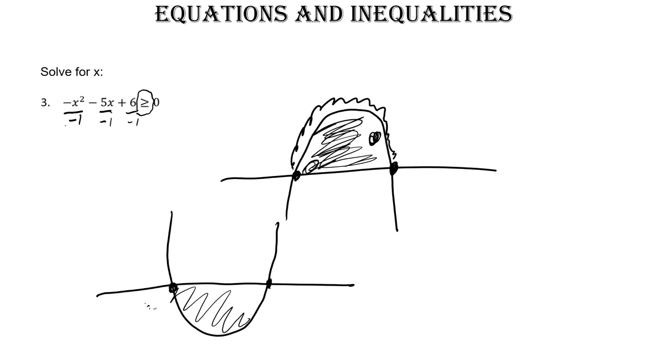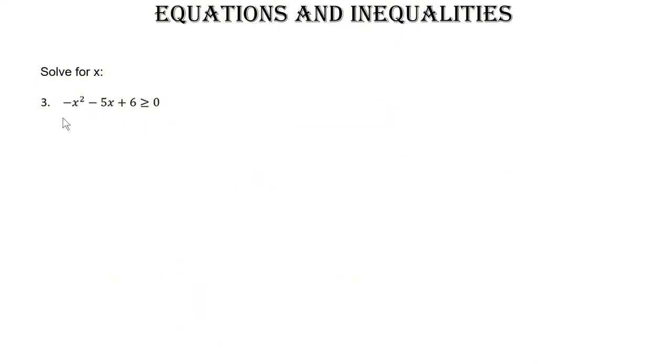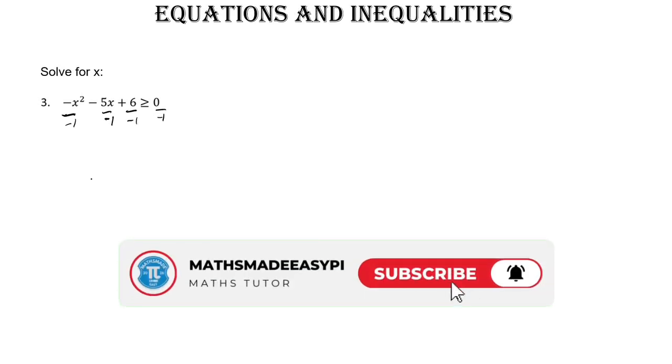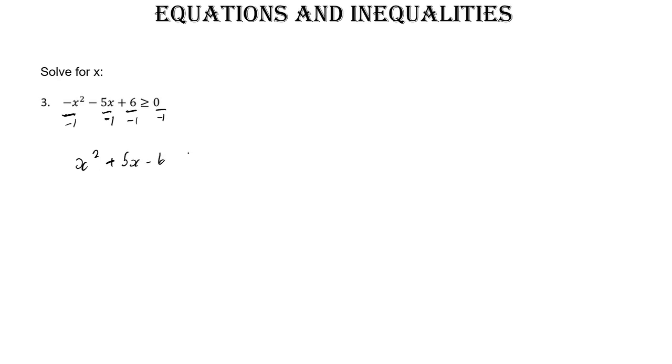That's why I say when you divide everything by a negative, you're going to change the inequality sign. So we're going to divide everything by negative 1. The sign will change. So x squared plus 5x minus 6 is less than or equal to 0. That's the first step. Make sure that you change the inequality sign. Then after that, you collect your critical values.